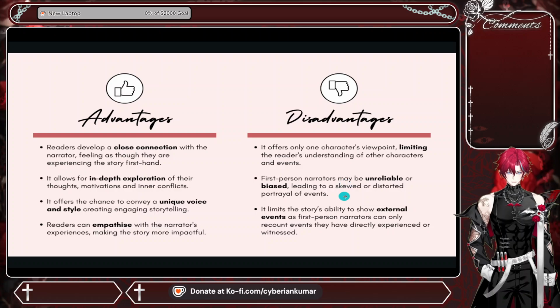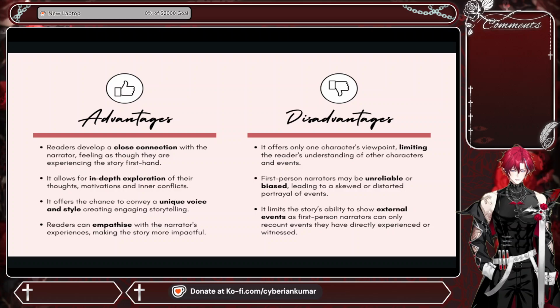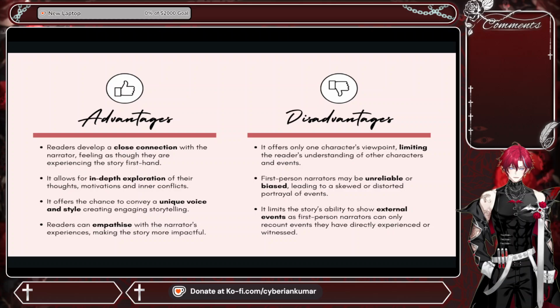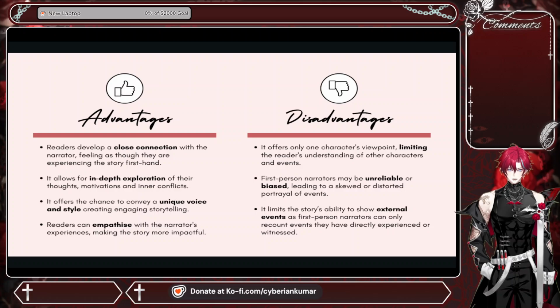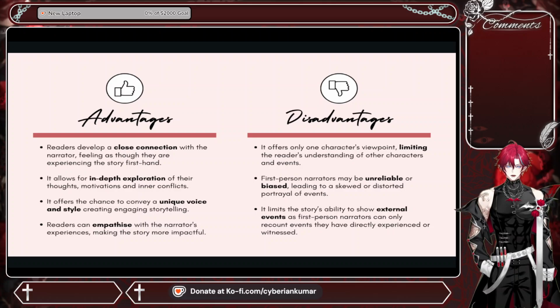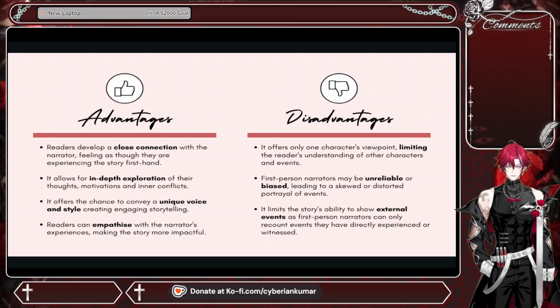Now the second disadvantage is that in first person narrators, the story which is presented to the player is actually unreliable and biased, because the reader is seeing the world from a character in the story.